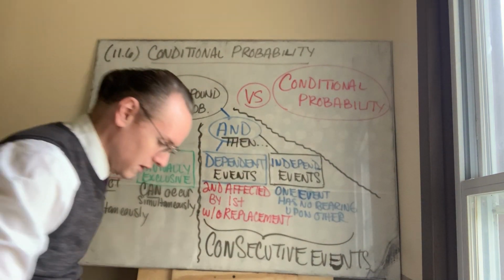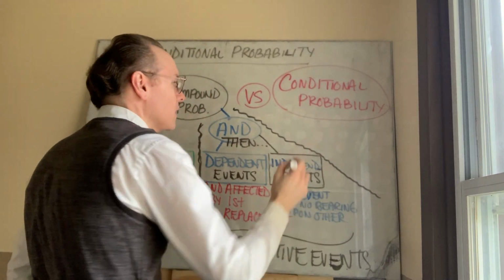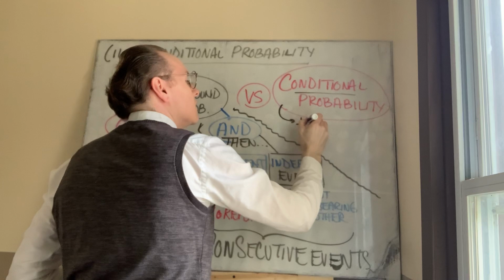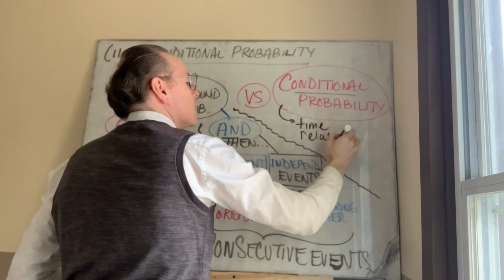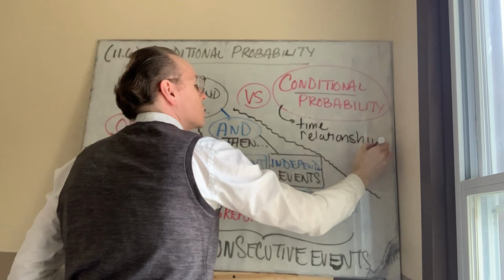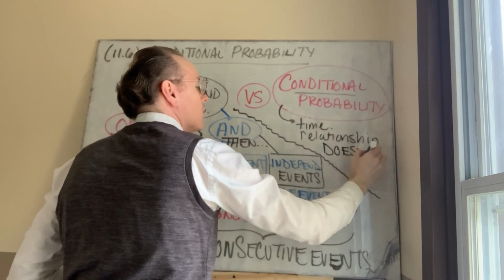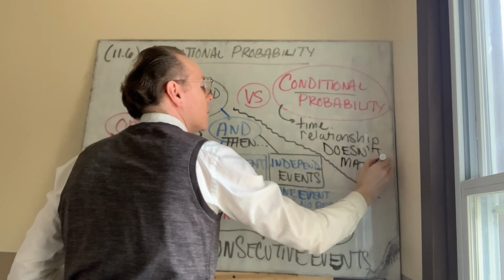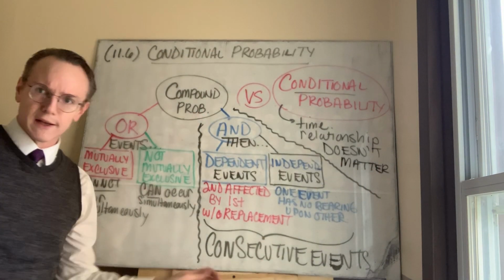And as far as time is concerned, in the case of conditional probability, a time relationship doesn't actually matter. In the case of consecutive events, it is important because one thing follows the other.